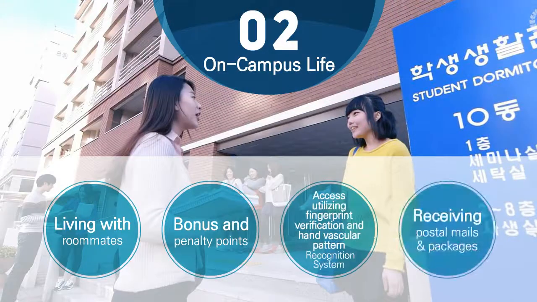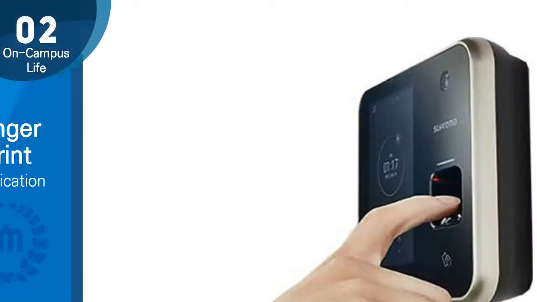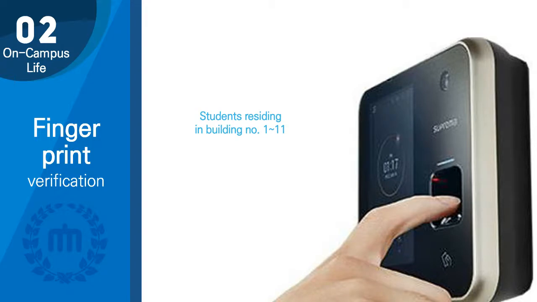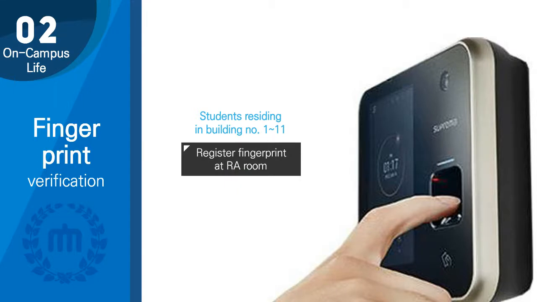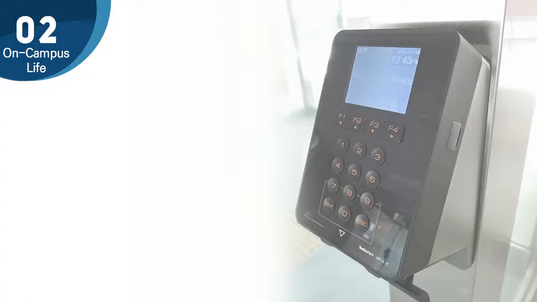I will introduce dormitory access utilizing fingerprint verification and hand vascular pattern recognition systems. Students living in buildings 1 to 11 need to use the fingerprint recognition system for building access. You need to register your fingerprint at the RA room when you first move into the dormitory.